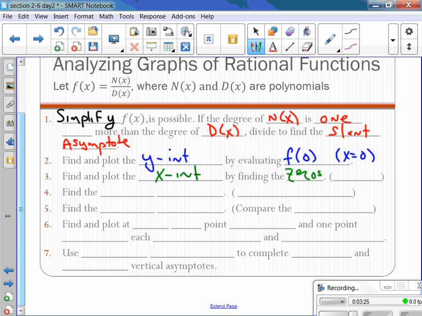You have a quotient. When is that quotient equal to 0? When is a fraction equal to 0? When the top is 0. So setting f of x equal to 0 is the same thing as looking at when the numerator is equal to 0.